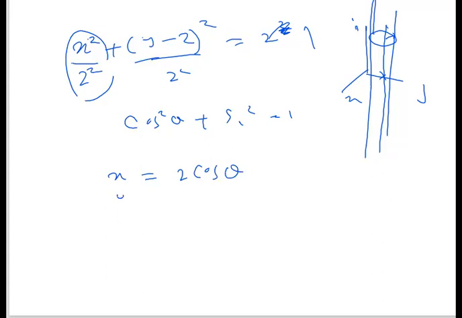And y minus 2 is equal to 2 sine theta, right? Or y is equal to, I take this term to the other side. So everything is written in terms of theta. What happened to z there?